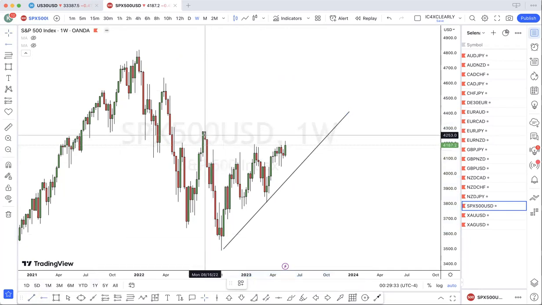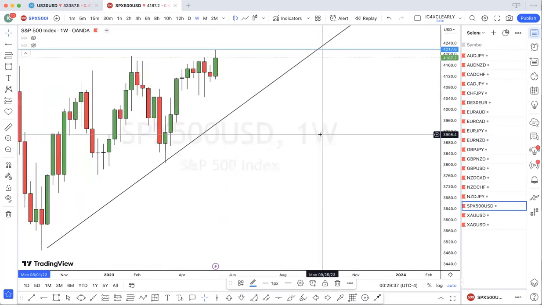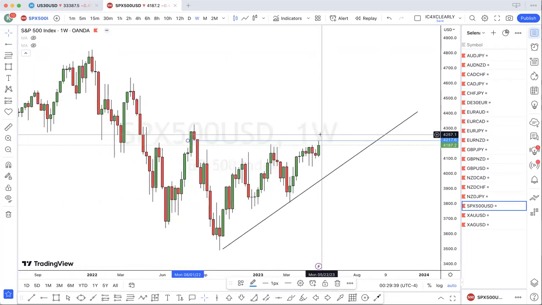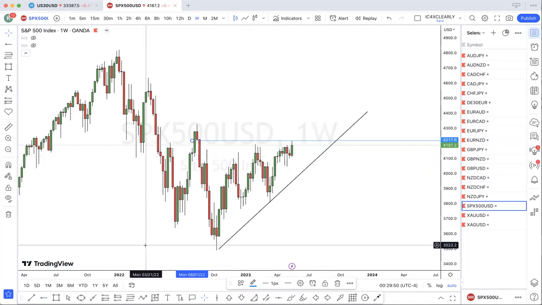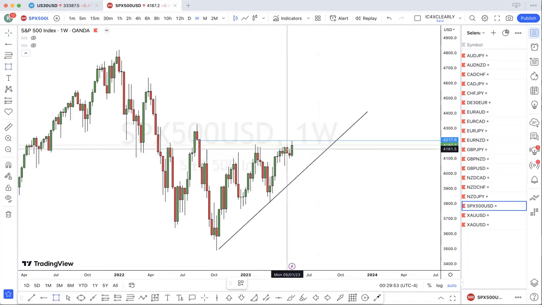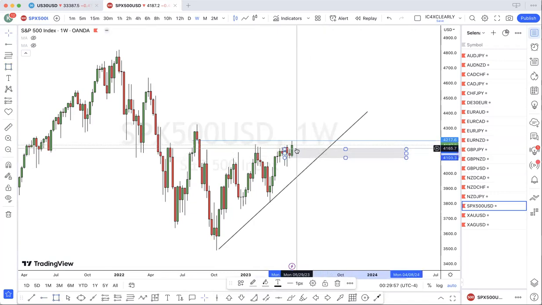So price has filled, or almost filled, or is going to fill this imbalance, may possibly get a pullback to the order block. Okay. So it may just clear this imbalance, pull back, and continue buying up.